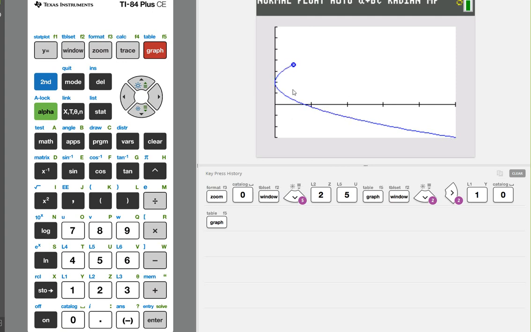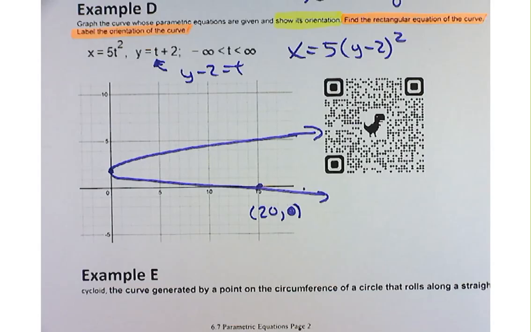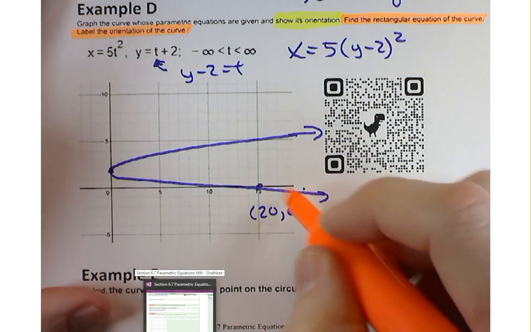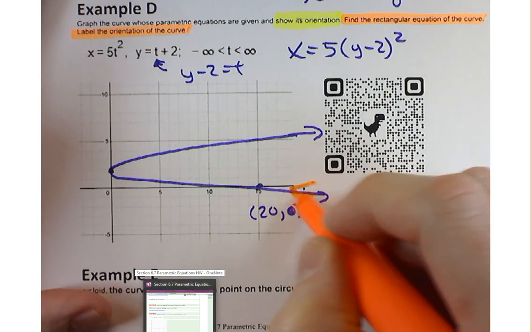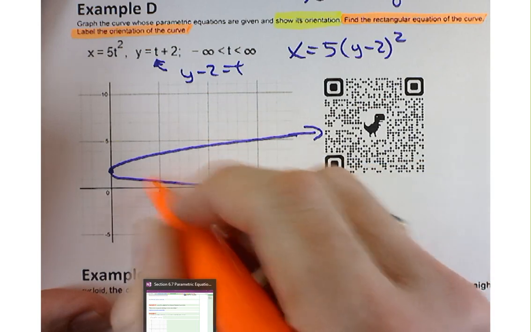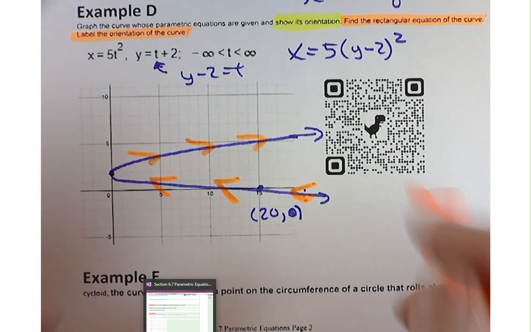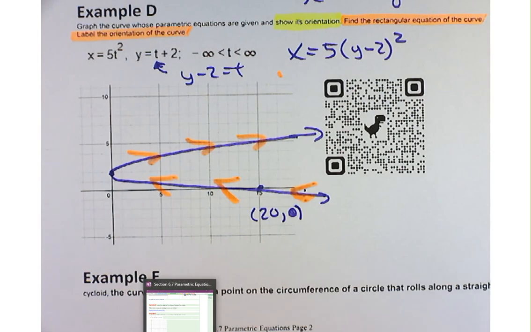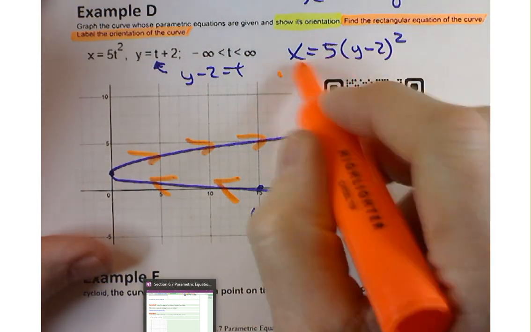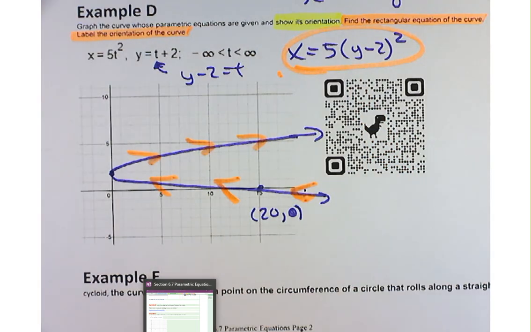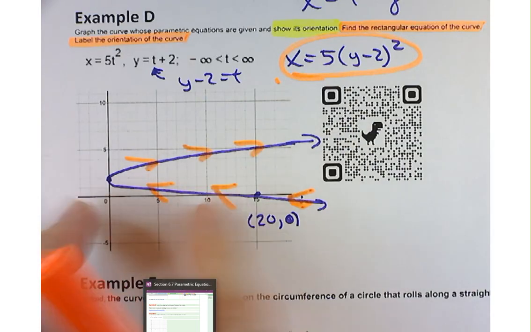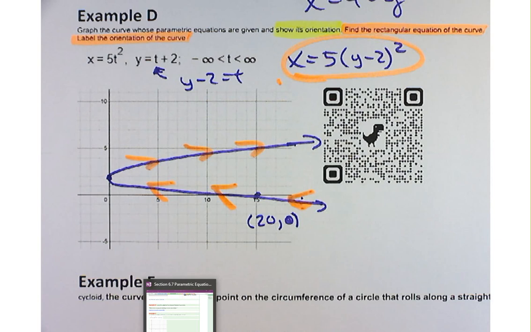But you see the order in which this is being traced out. The graph starts literally right here and goes this way. That's its orientation. So you've got its equation in terms of x and y, you graphed it, and you've shown the orientation.